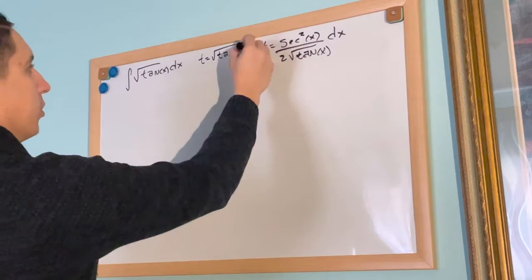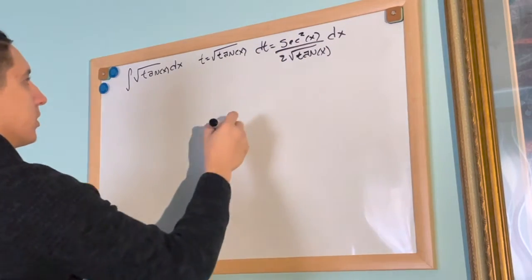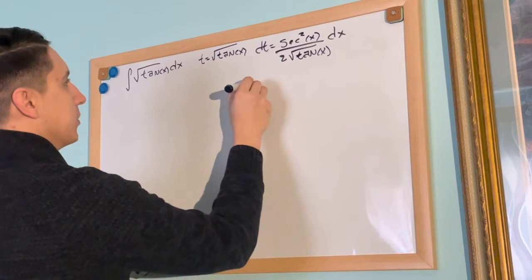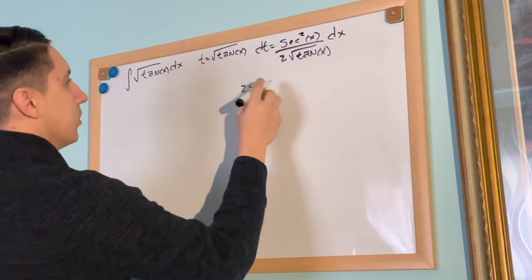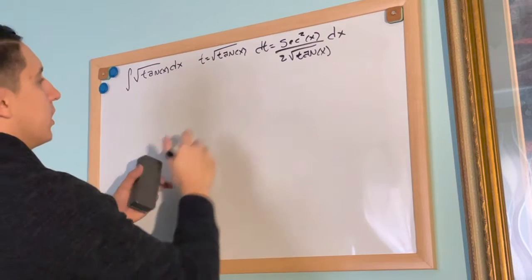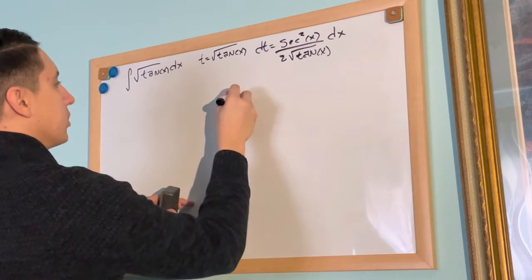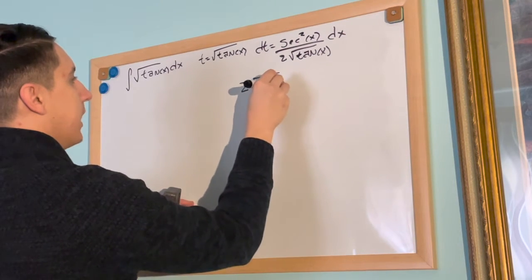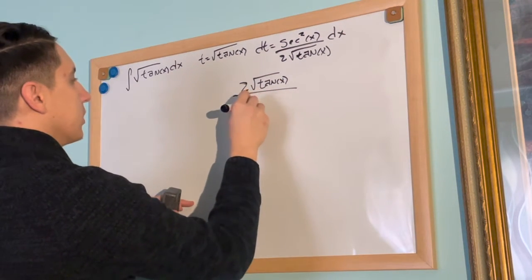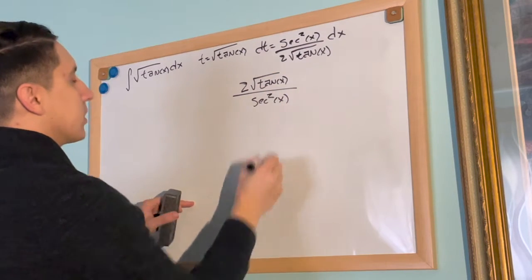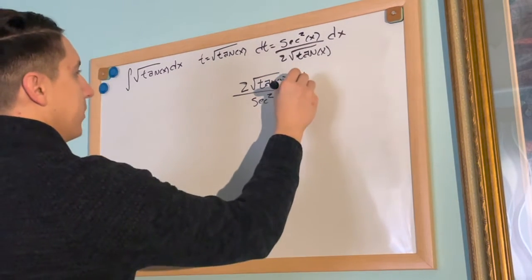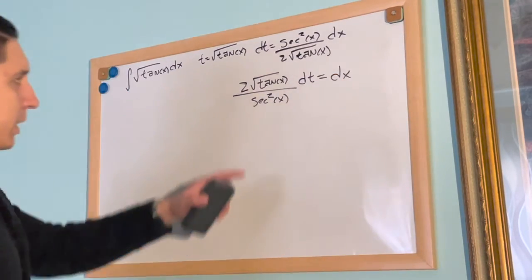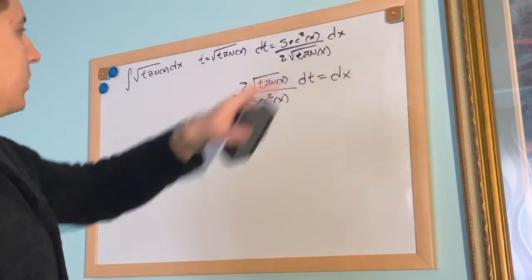So if I multiply all of this by the reciprocal, then it would be 2 times the square root of tangent of x all over secant squared of x, and then all that would be times dt, and this would be equal to dx, because if you were to multiply right here, all these would cancel out.